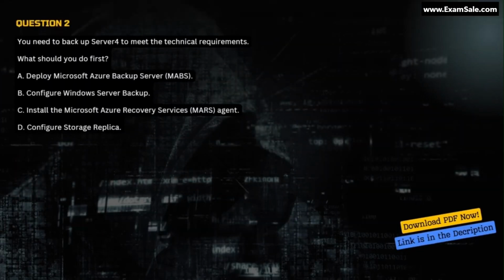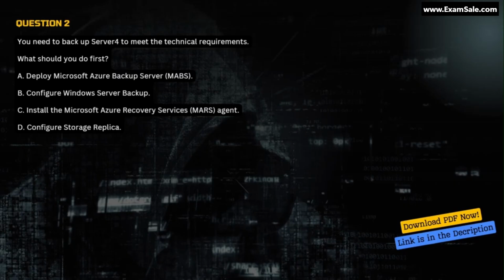Question 2. You need to back up Server 4 to meet the technical requirements. What should you do first? A. Deploy Microsoft Azure Backup Server MABS. B. Configure Windows Server Backup. C. Install the Microsoft Azure Recovery Services (MARS) agent.